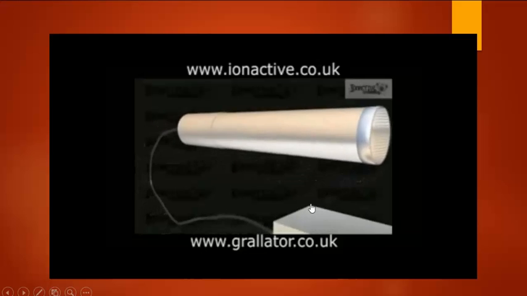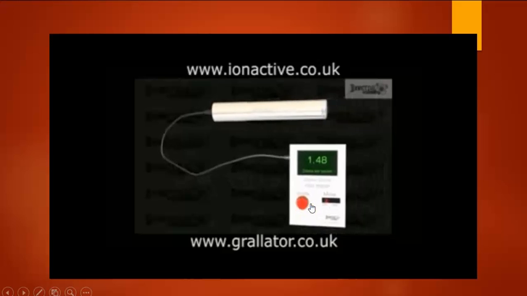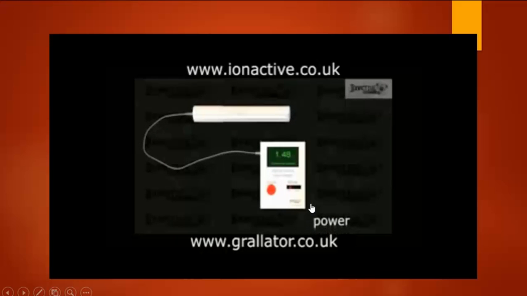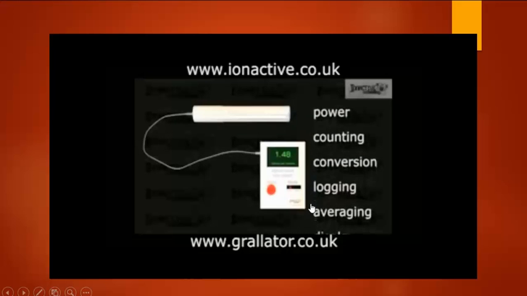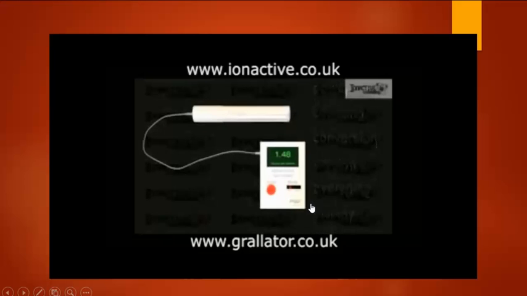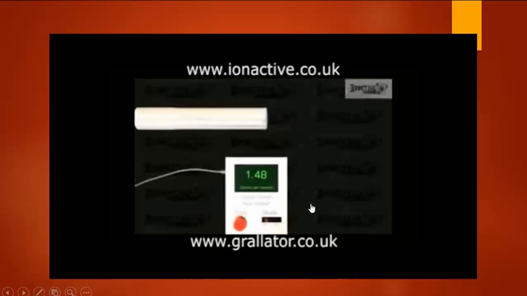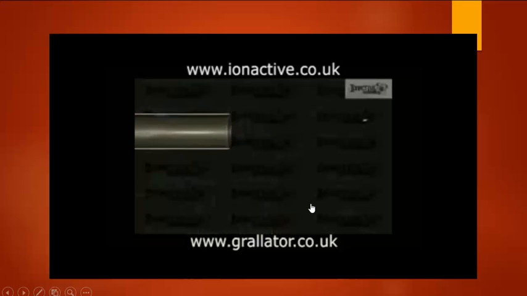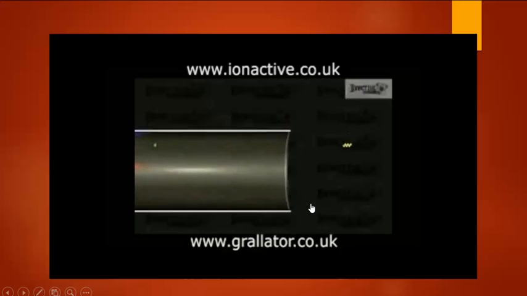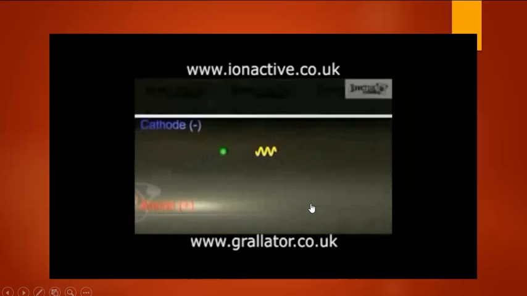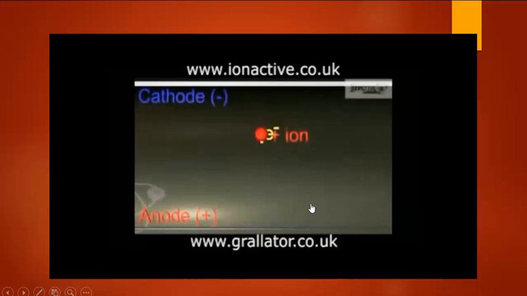The wires connect the tube to the control electronics, which supply power, perform the counting operations, and provide other functions such as conversion from counts to dose, data logging, data averaging, and driving the display. The tube works on the principle of gas amplification. Incoming radiation ionizes some of the inert detector gas, resulting in a free electron and a positively charged ion.